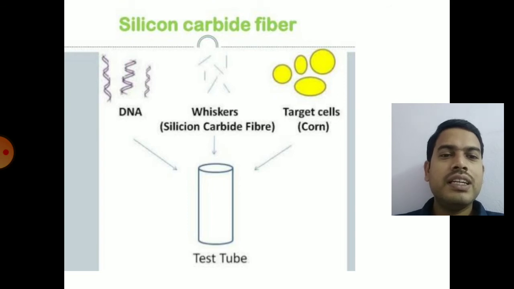You can see in that diagram a test tube containing whiskers and your foreign DNA along with your target cells, and continuously this test tube will be agitated. During the agitation, the foreign DNA with the help of whiskers will enter into your target cells.